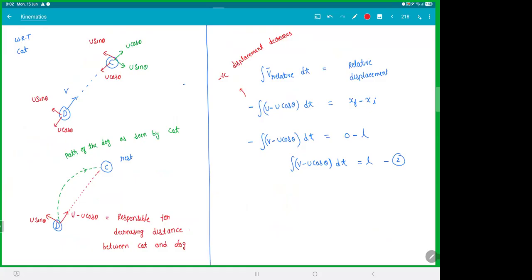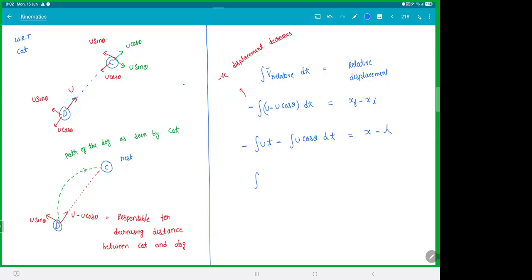This also will be u, and yeah, this also will be u. This will be x final minus x initial. So this guy will be minus ut minus integral u cos theta dt. X final is x, x initial was L, isn't it? Now final is not 0, it is x. That's the distance between them. This was your equation 2.